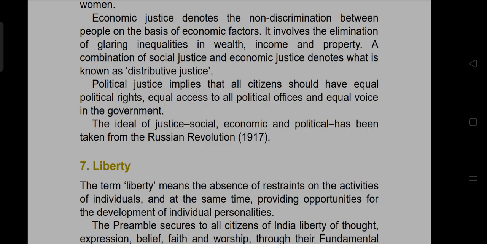Political justice implies that all citizens should have equal political rights, equal access to all political offices, and equal voice in the government. The ideal of justice, social, economic, and political, has been taken from the Russian Revolution of 1917.